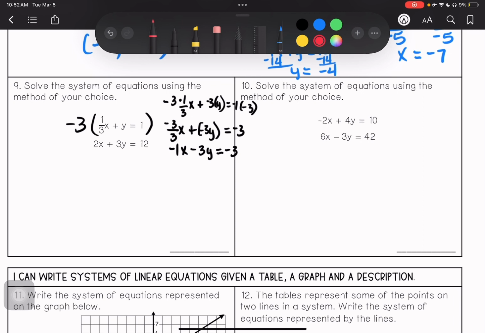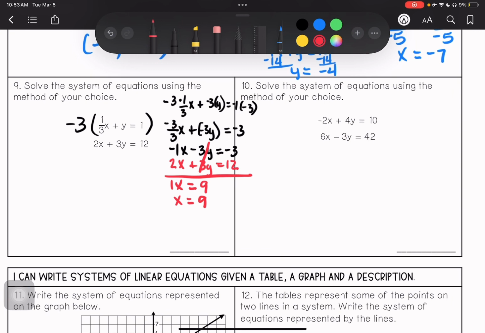Now I want to combine that with my other equation, which is 2x plus 3y equals 12. Now my 3y's cancel out. So I'm left with 1x equals positive 9. Therefore, x equals positive 9.